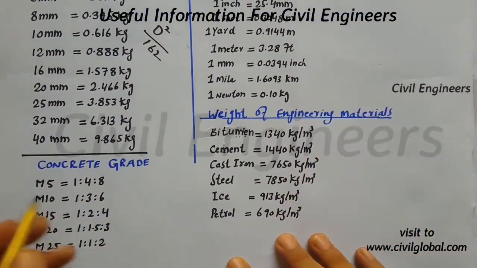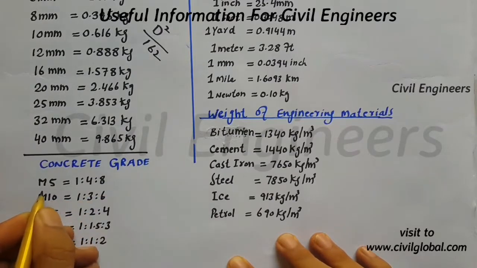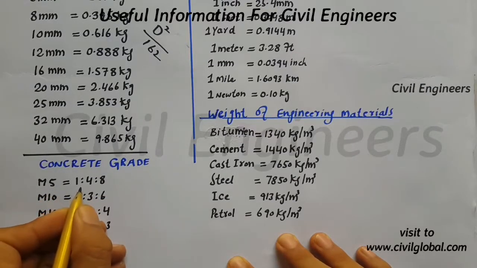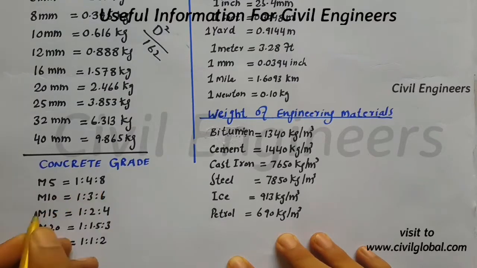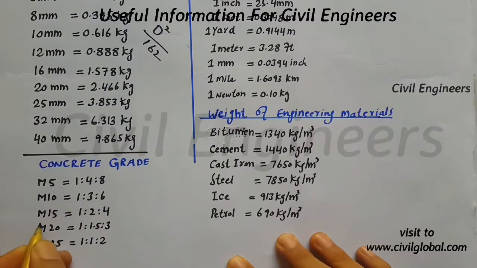Okay, so in other useful information for civil engineers, we have concrete grades. So M5 grade, the concrete ratio is 1:8. For M10 we have 1:6. And for M15 1:4.